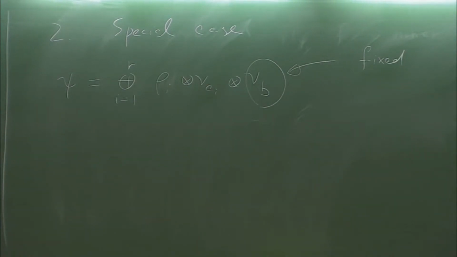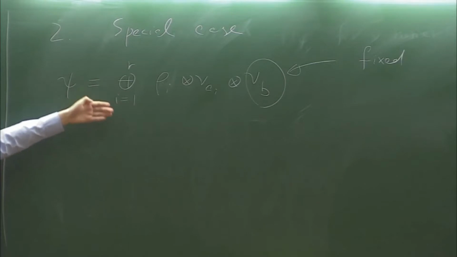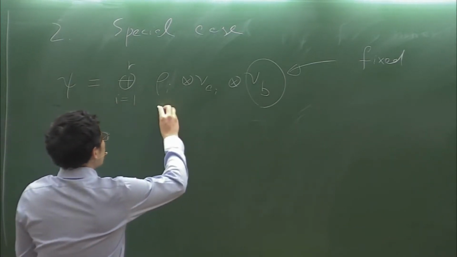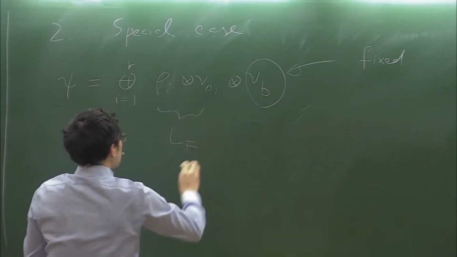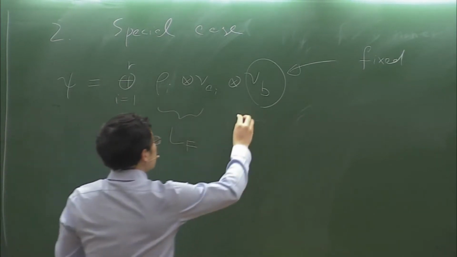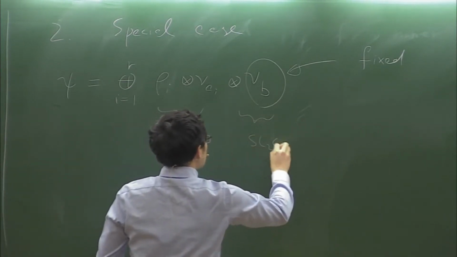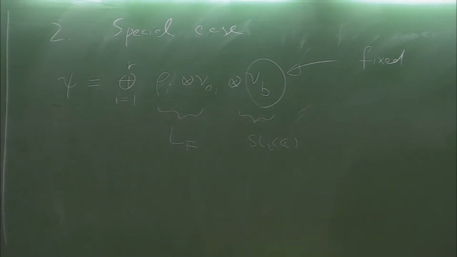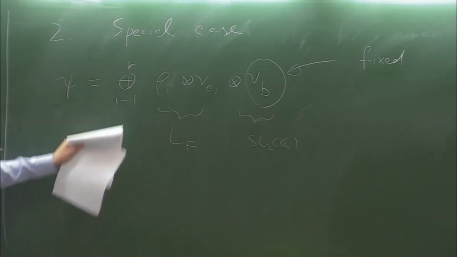Okay. So what does this mean? Well, if you think about a global parameter, again, you can try to decompose it into its irreducible components, but globally, you only have this LF, and then you have an SL2C. Okay. So the simplest global parameter will be one where you have just one irreducible component.